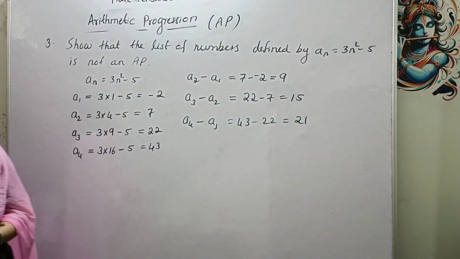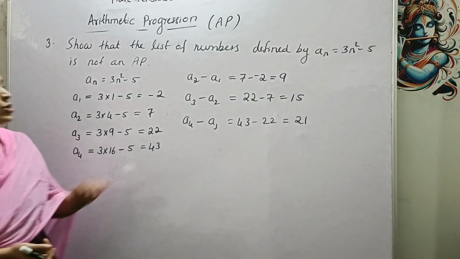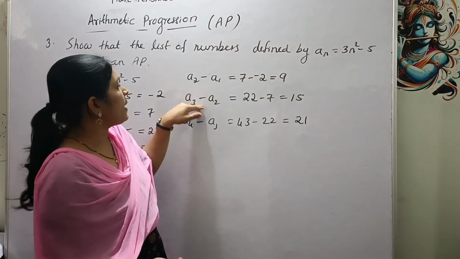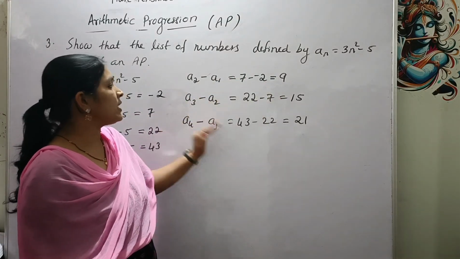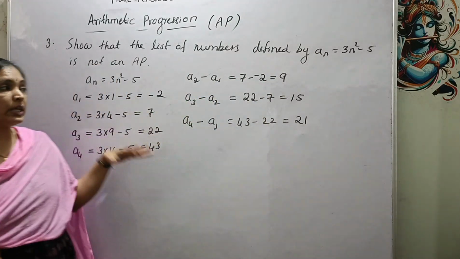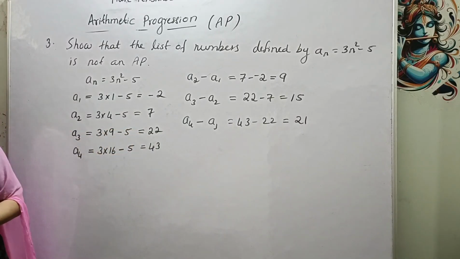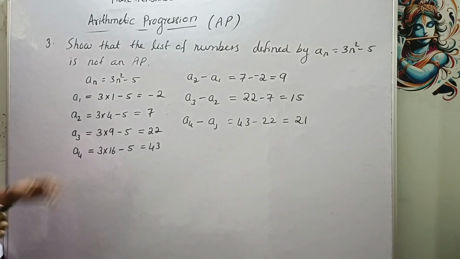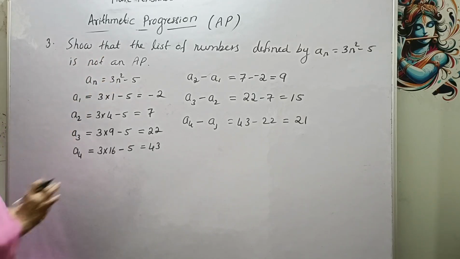See, here we have got different differences, right? So a2 minus a1 is 9, a3 minus a2 is equal to 15, a4 minus a3 is equal to 21. Therefore, here there is no common difference, right? Therefore, the given list of numbers is not an AP.